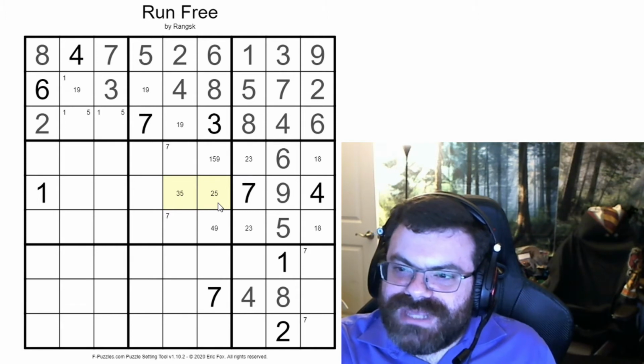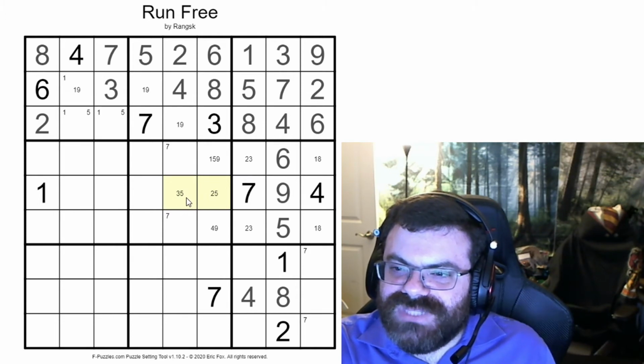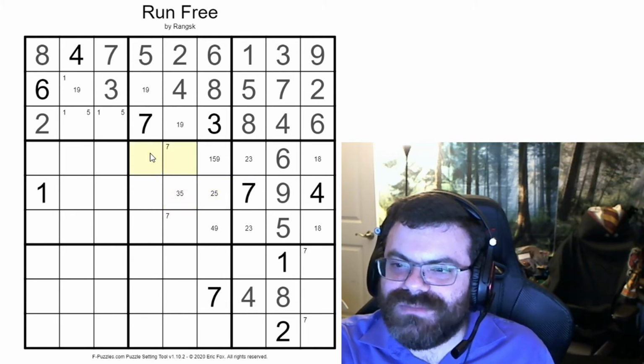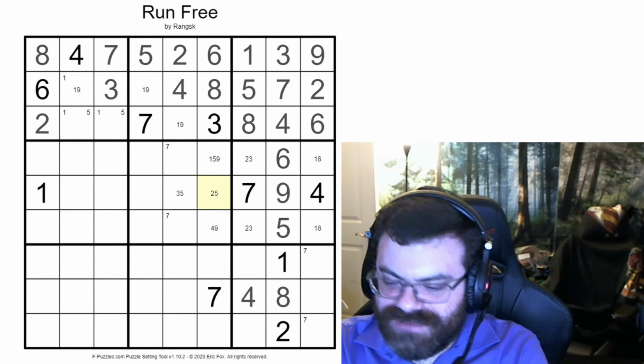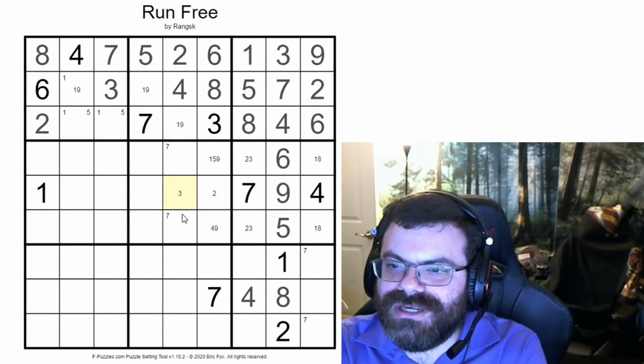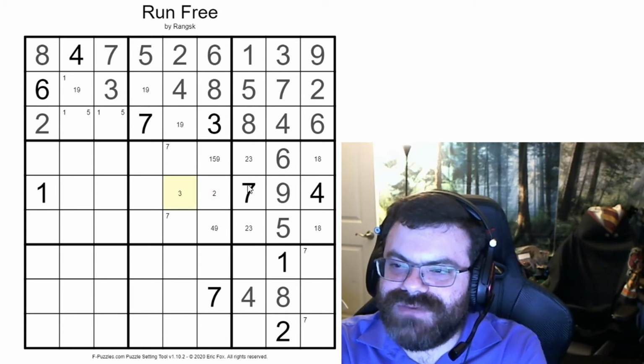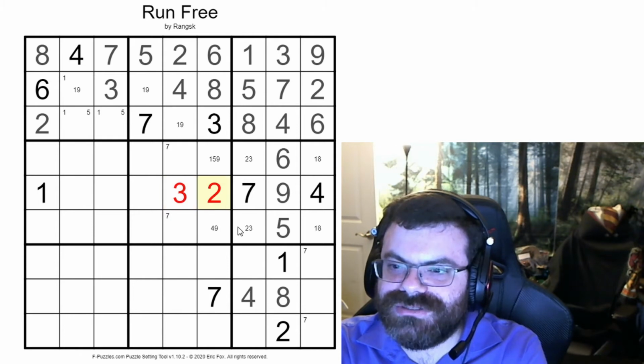And the reason for that is, imagine if the 5 was somewhere else in this box. If it was, say here, then that would eliminate 5 as a candidate for here and here, which means we must place 3 and 2 here, but that would break the puzzle. We can't place a 3 and a 2 here.